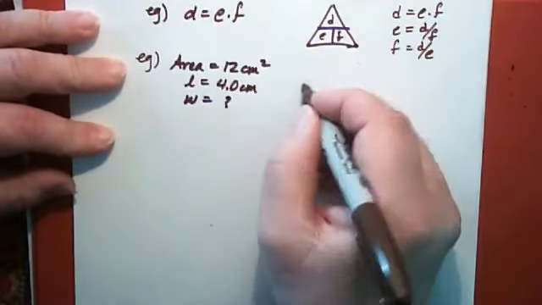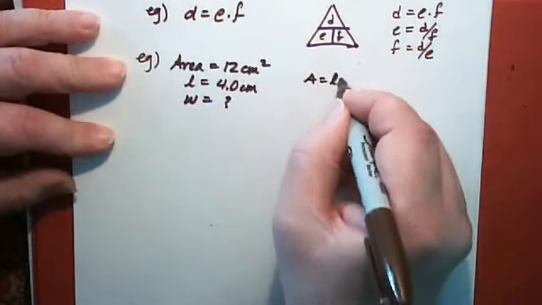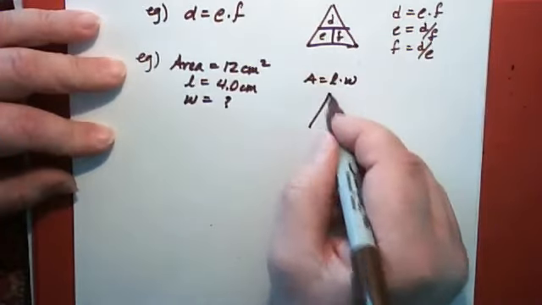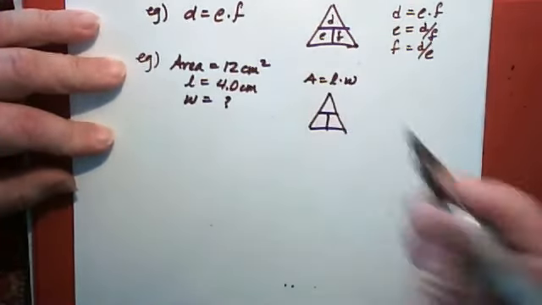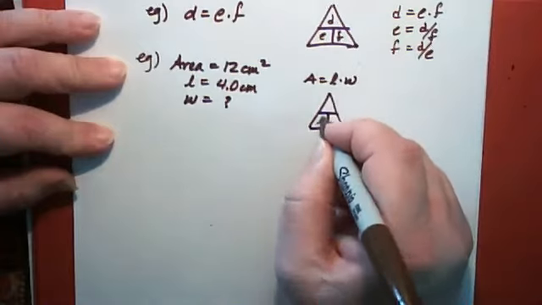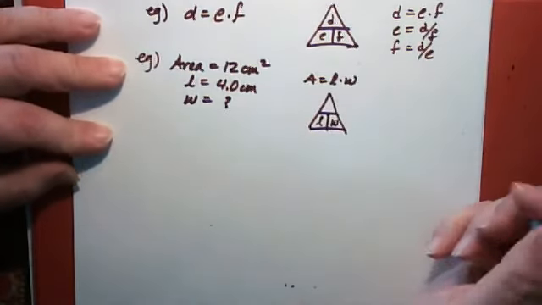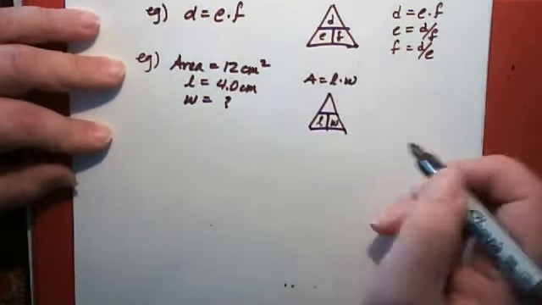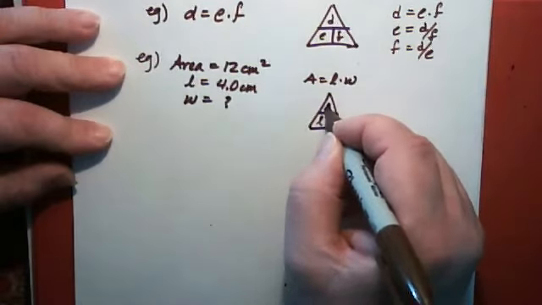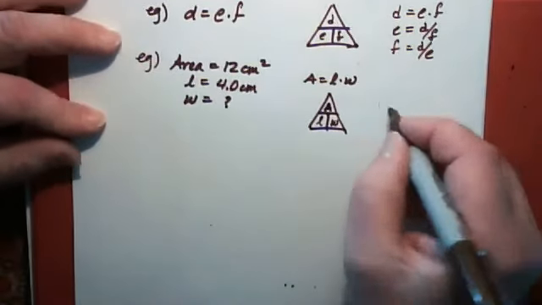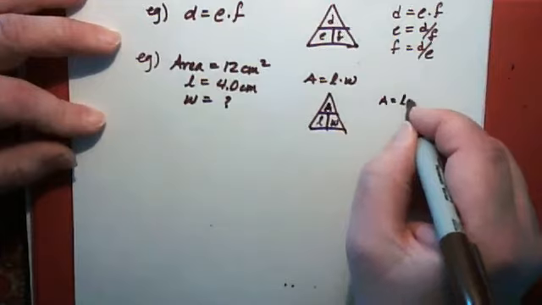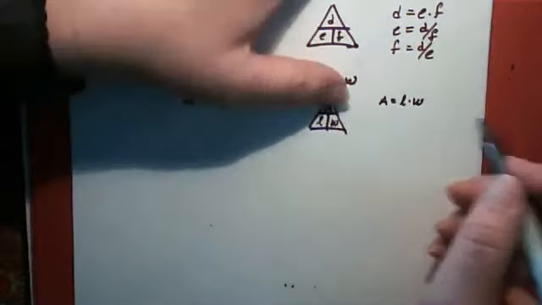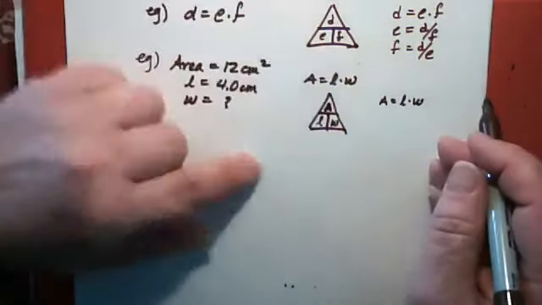We know that the equation is area equals length times width. Length times width means that those two terms have to be next to each other, which means they have to be on the bottom, and then area would be on top. So area equals length times width. If you want area, it's length times width.